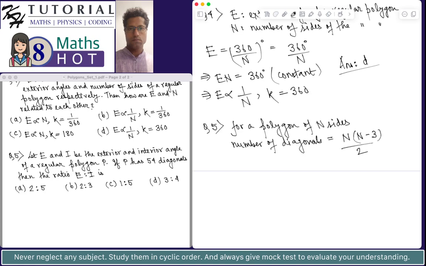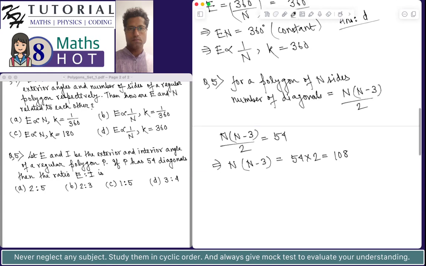Okay, so if n is the number of sides of this polygon P, then it is given that the number of diagonals of this polygon P is equal to 54. From here we have to find out the value of n, the number of sides of the polygon P. From here we get n into n minus 3 is equal to 54 multiplied by 2, which is equal to 108.